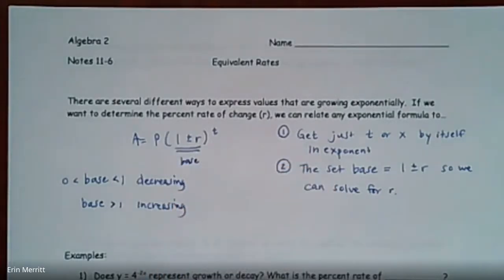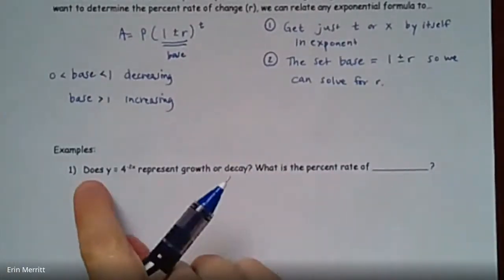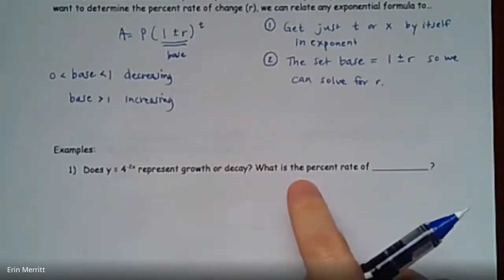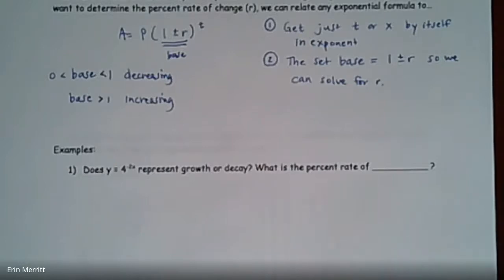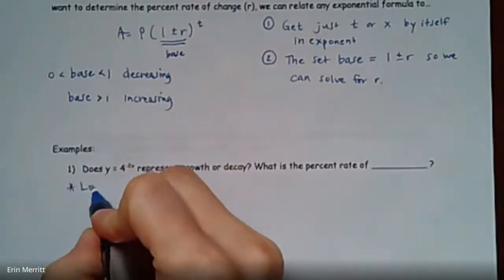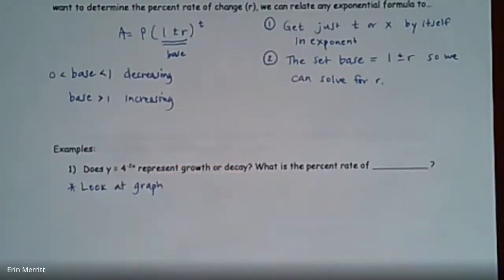All right, so let's try this out. The first one asks: does y equals 4 raised to the negative 2x represent growth or decay? And what is the percent rate of change? What I want to start with is looking at the graph, because the graph alone can answer that question.